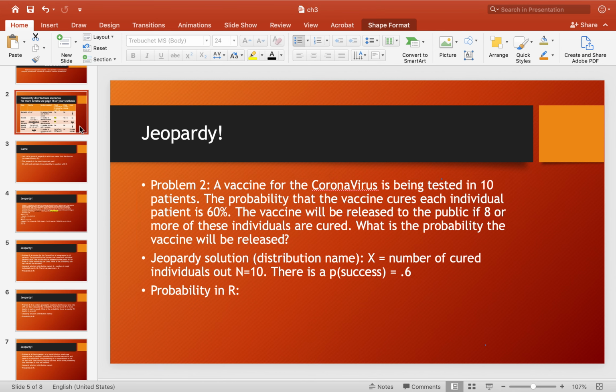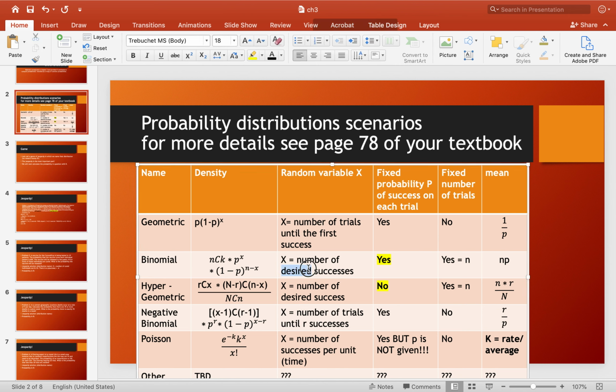Okay, so if I go back here, X is a number of successes. I'm calling a success a cure. There's a fixed probability of success on each trial, and I have a fixed number of trials. So the only one it can be is this binomial distribution. And I use this formula. But instead of calculating what that number is, I'm going to use R to do it.